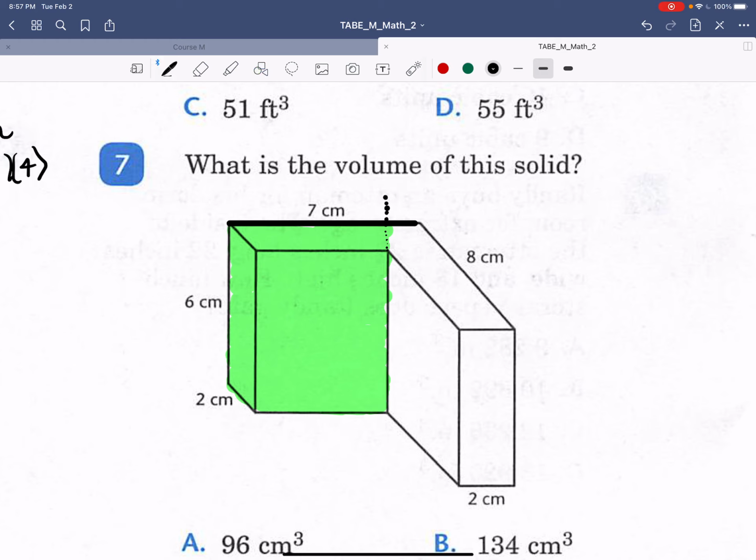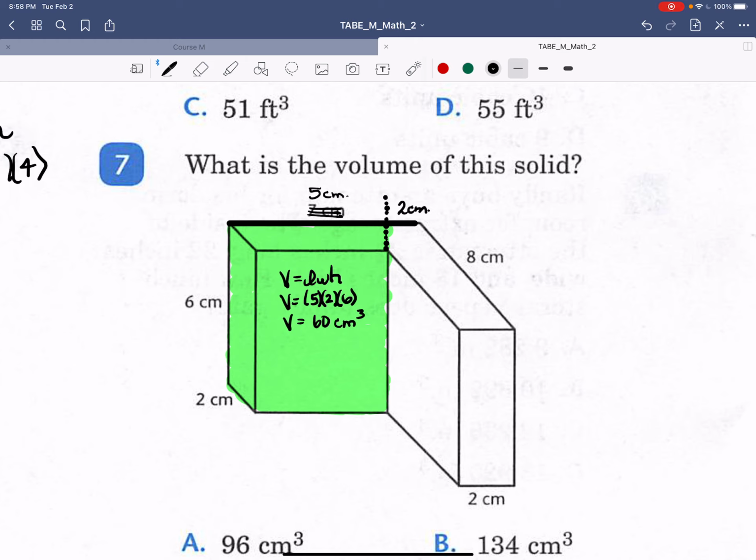So if this dimension, according to this bottom number, is 2 centimeters, then this is going to be 5 for the green part, because 5 plus 2 is the 7 that I crossed out. So we should be good to go here. I have length, width, and height, 5 long, 2 wide, 6 high. That's going to be 60 cubic centimeters.